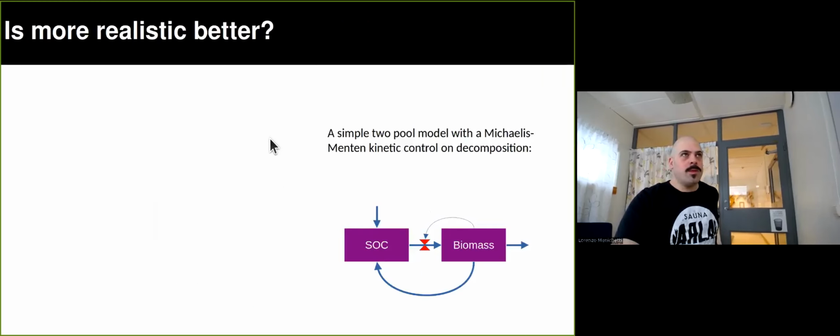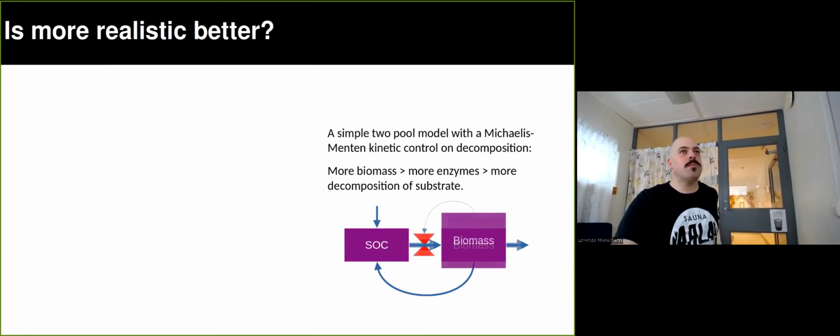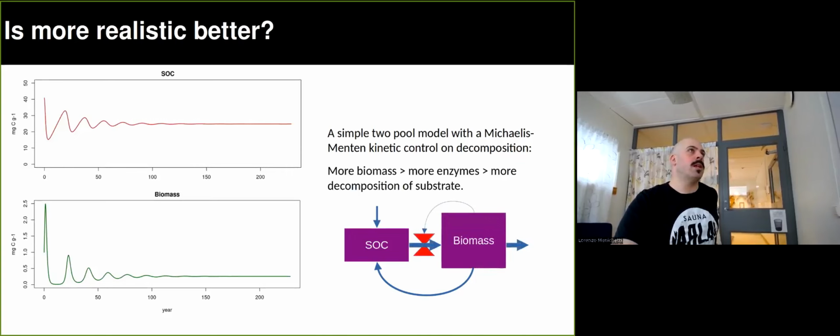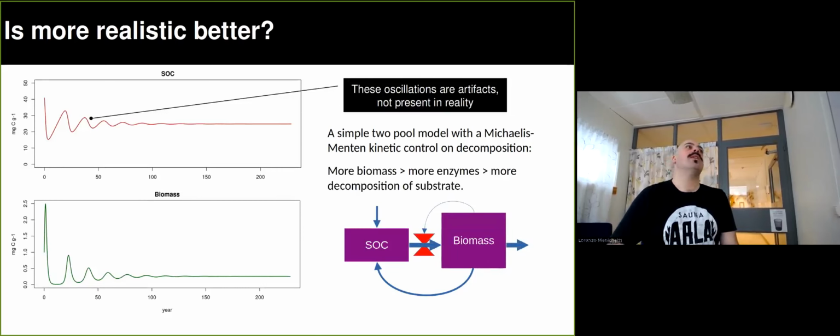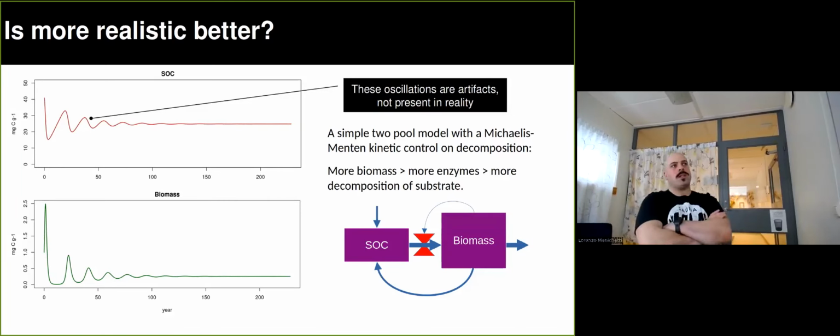It seems a small detail, but this equation is more realistic, better. This simple model is much more realistic. But the problem is that its predictions are not realistic. We find oscillations; this class of model has oscillations, but they are not present in reality. We've never measured this kind of stuff.